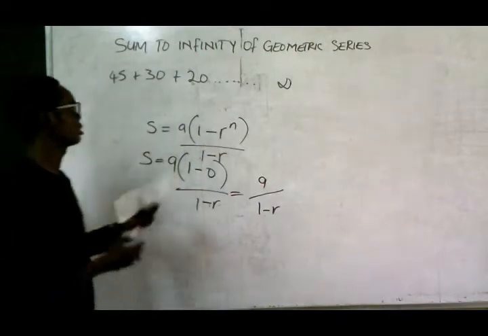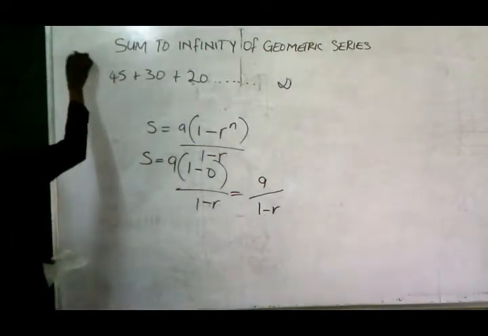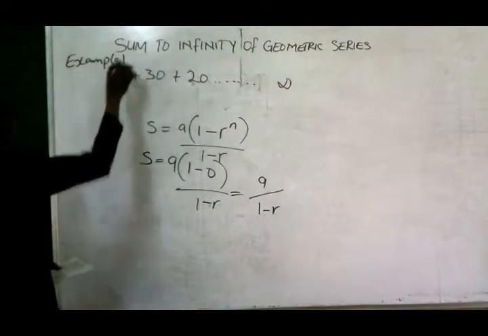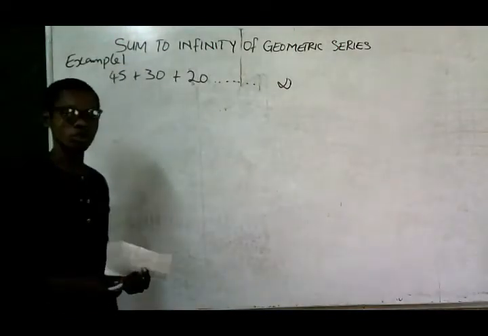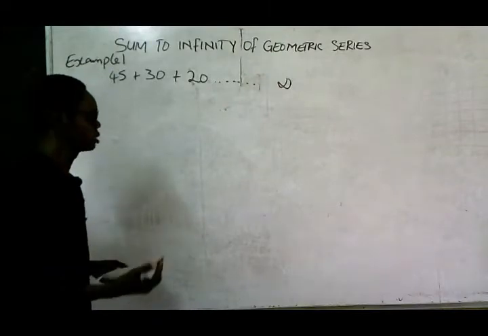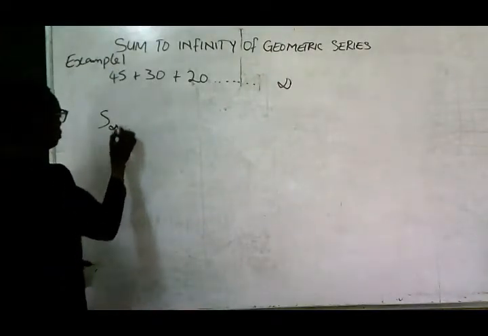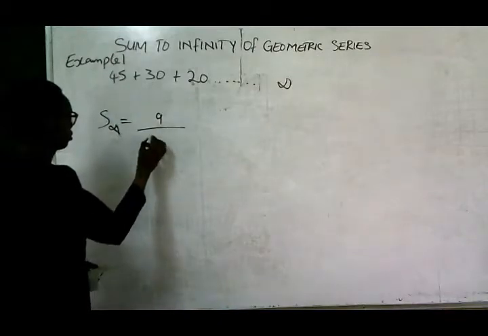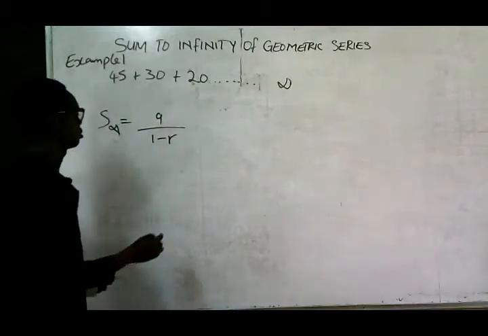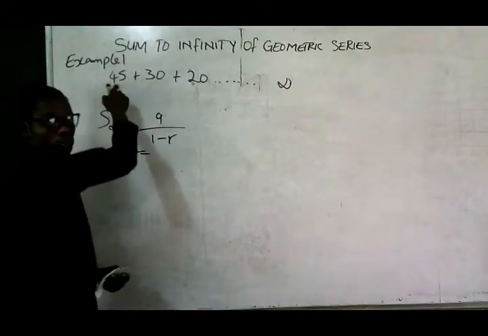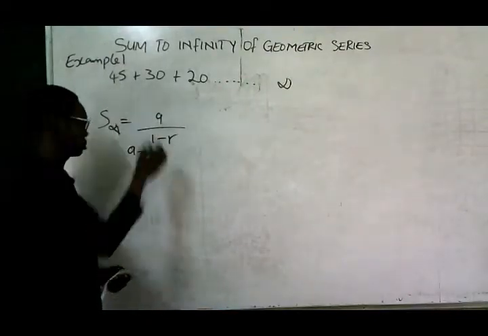So let's take an example. Let this be example 1. Finding the sum to infinity, you just bring out the formula. Sum to infinity is equal to a over 1 - r, where a equals 45, the first term.